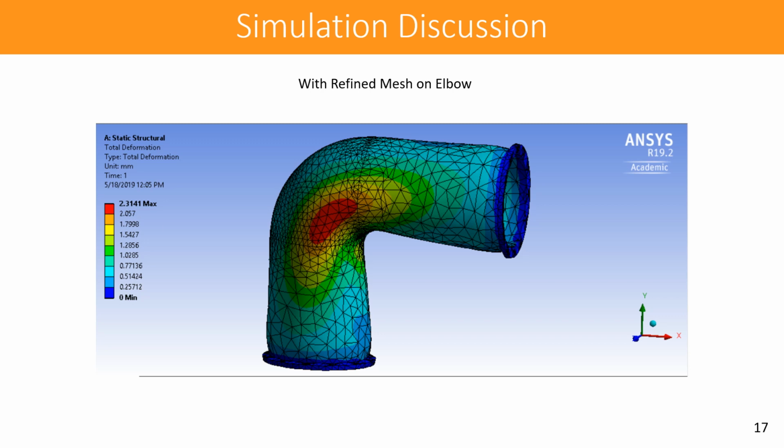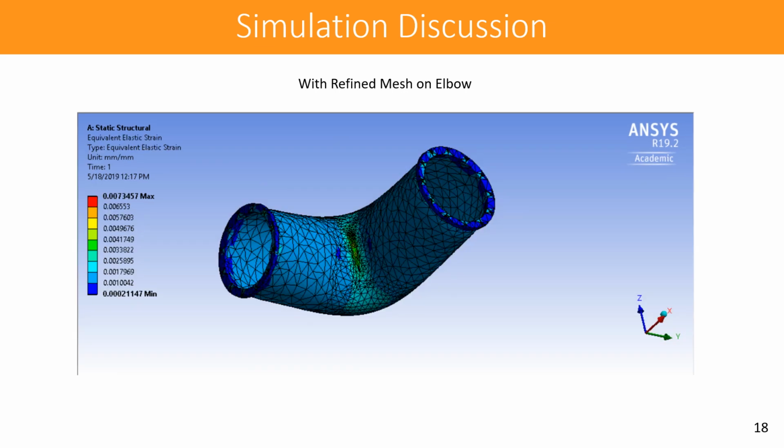And it looks like on the edges of that elbow, it's gonna deform about 2.3 millimeters, which is a little bit more accurate than the 2.066 from the unrefined mesh. And in that case, it's more of a 0.3 millimeter difference, but it's still a very small deformation. It gives us a good ballpark, but it's just more accurate.